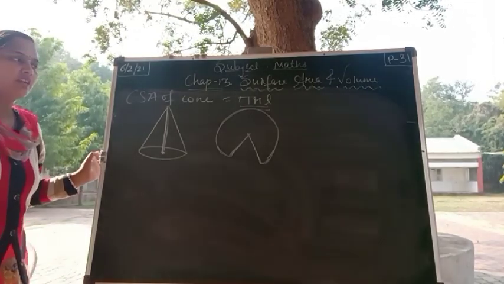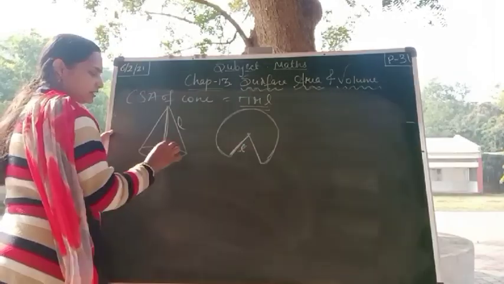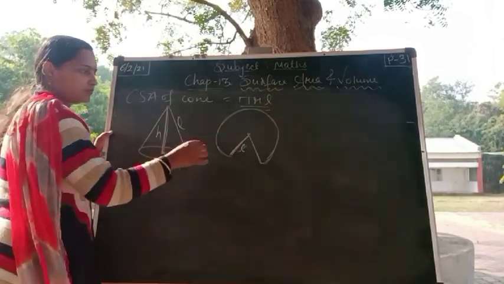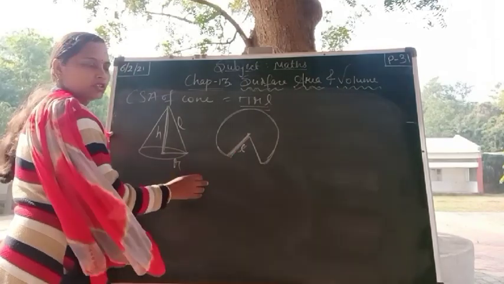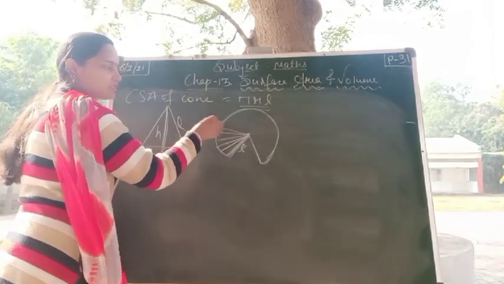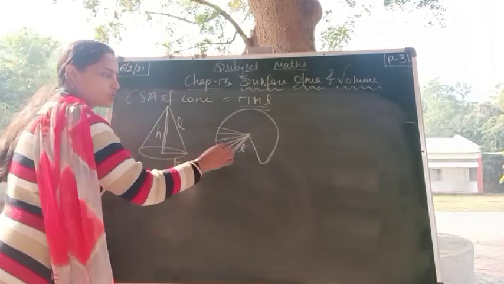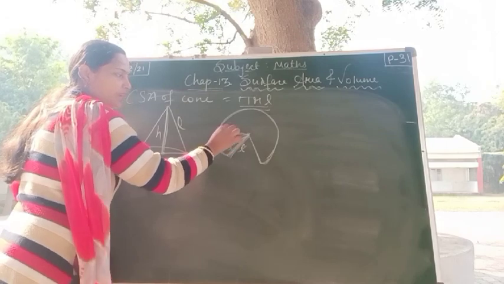Okay, now this is the slant height, this is L, this is R, this is H, this is L, children. If I divide this figure into small triangles, listen carefully. Each length will be L only.